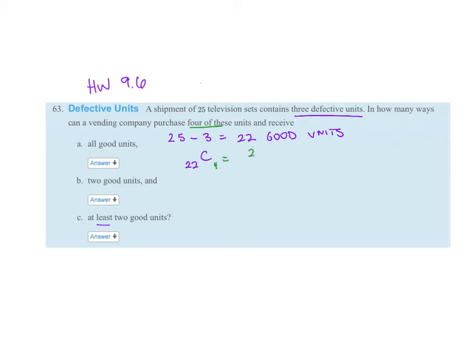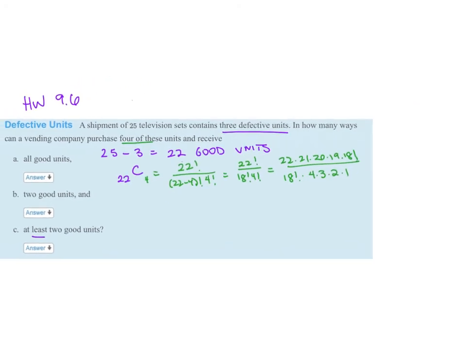So that'll be 22 factorial over 22 minus 4 factorial times 4 factorial, which is 22 factorial over 18 factorial times 4 factorial, and then you keep on simplifying from there. So 22, 21, 20, 19, 18 factorial over 18 factorial times 4 times 3 times 2 times 1.